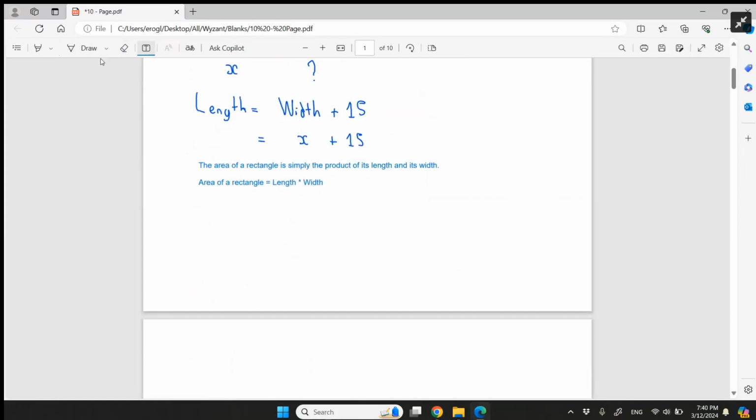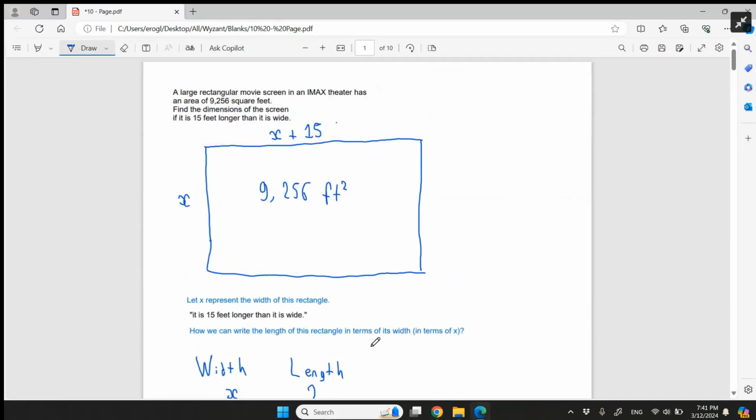And so for this particular problem, this gives us that the area should be x times x plus 15. So the area here is x times x plus 15, because the length here is x plus 15 and the width is x.